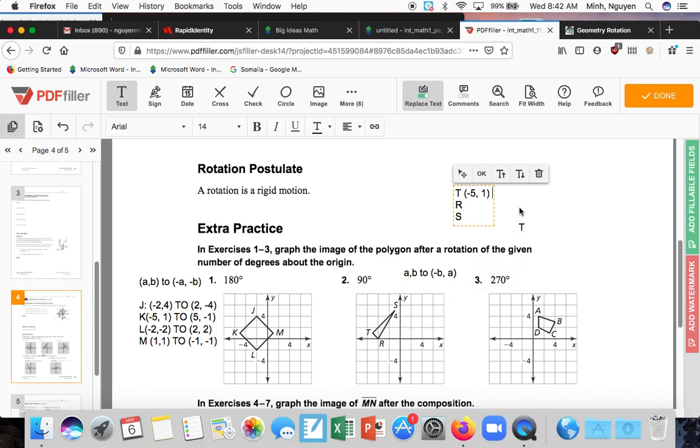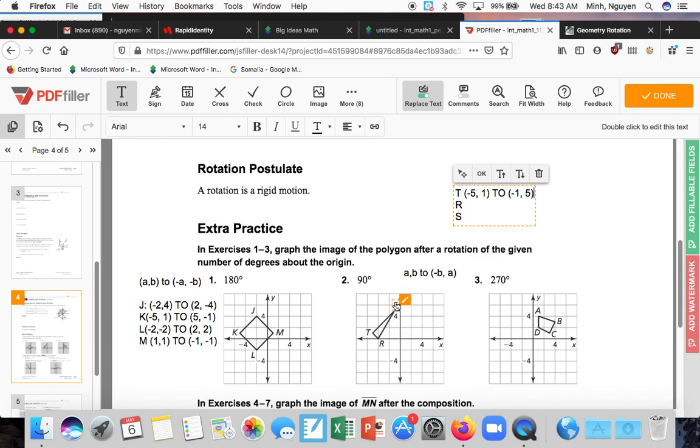So I'm just actually going to do T to show you. Okay, so (A, B) to (negative B, A). Well, B is 1, but it says negative B. So that's going to be negative 1, and then A, 5. So T has gone from (negative 5, 1) to (negative 1, 5).